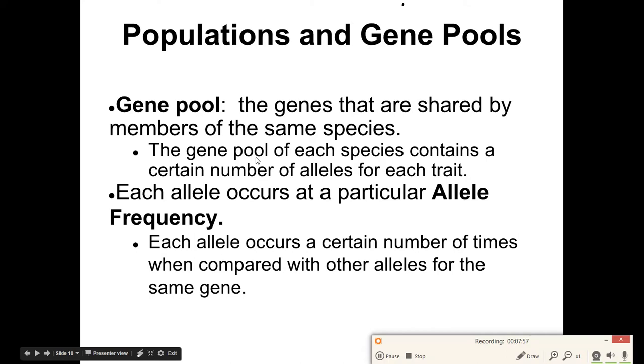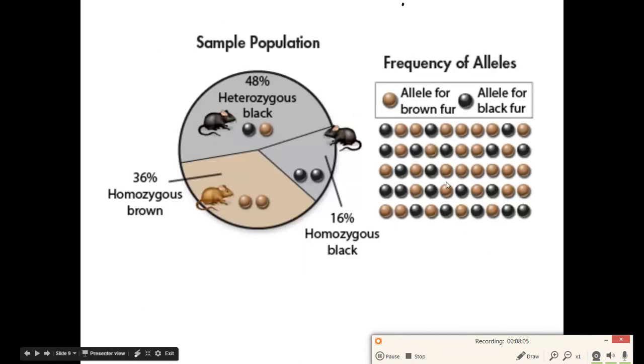I'm going to let you write down the definition of gene pool from your textbook, but let's talk a little bit about allele frequency. So allele frequency is how frequent these alleles are in the gene pool. Actually, we can do the math here real quick.